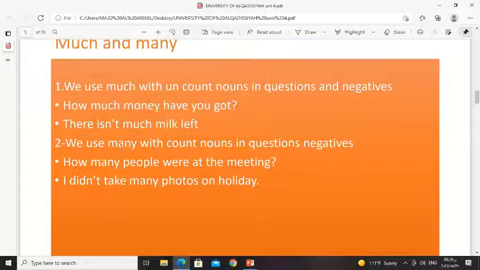We use many with countable nouns in questions and negatives: much with uncountable and many with countable. How many people were at the meeting? I didn't take many photos on holiday. Photos and people are countable nouns.